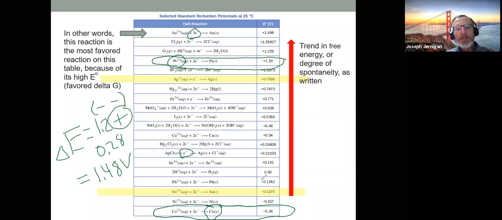It only has 1 electron associated with it. So thermodynamically, voltage is considered an intensive quantity. In other words, voltage is like temperature. It doesn't care how much you have.